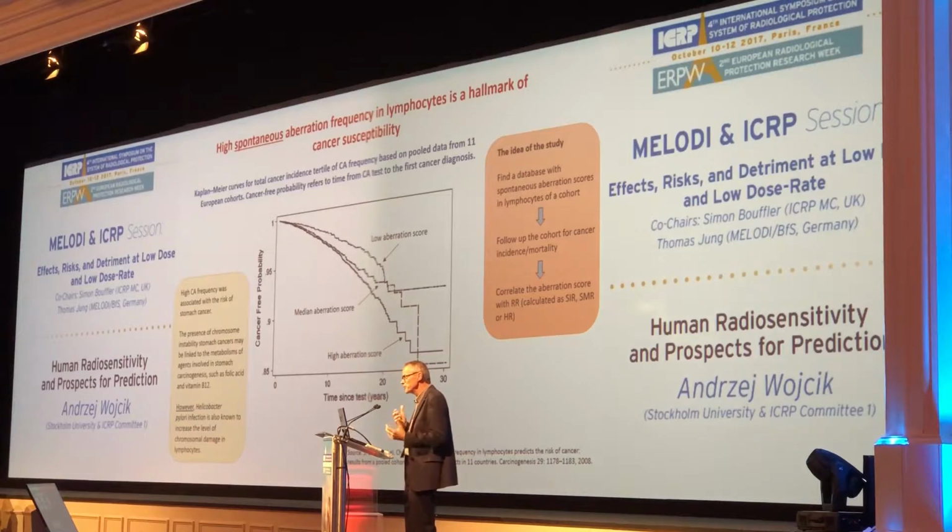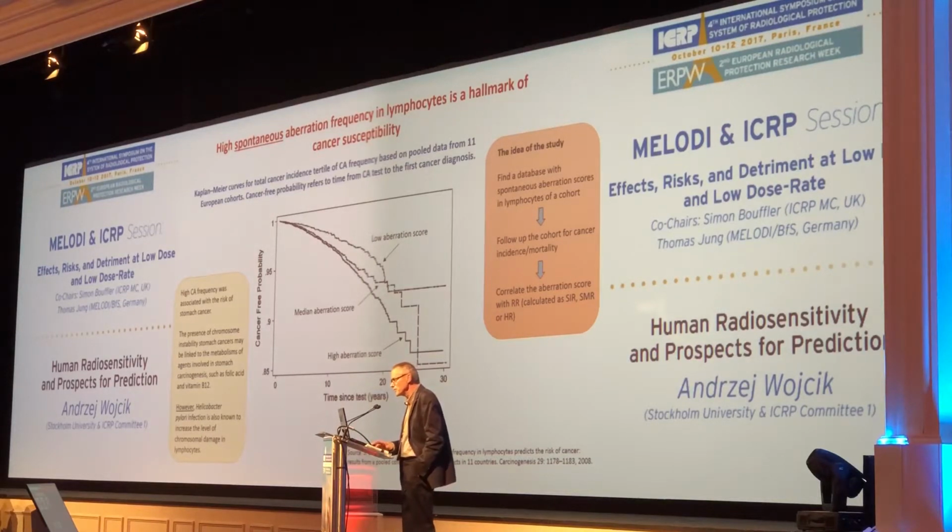So he managed to get hold of a number of such databases, and then he went into cancer registries and identified patients who developed cancer. Since he had the database for the chromosomal aberration frequency, he could then correlate the level of chromosomal aberration frequency with the risk of developing cancer. And he published a number of studies.